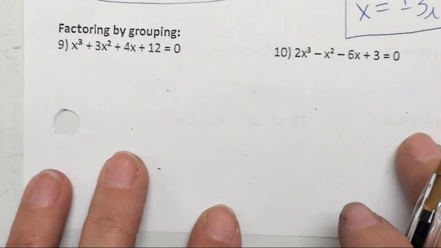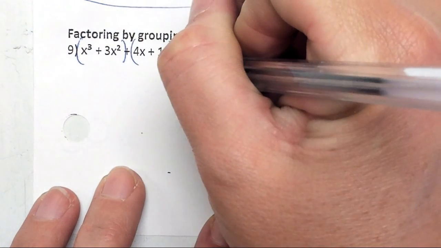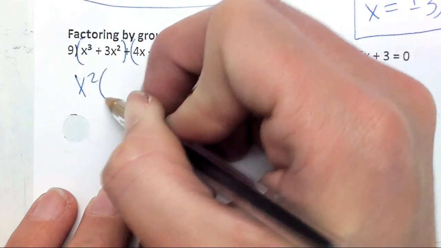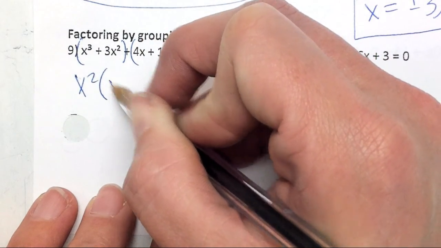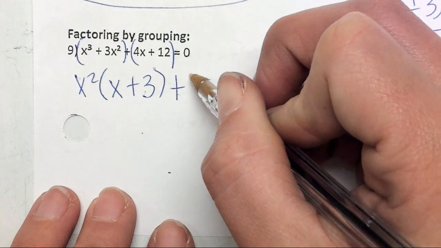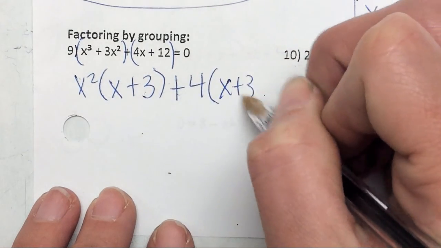Alright. On number 9, we go ahead and group them. And how do you know when to use grouping? Good. What comes out here? In the middle? x plus 3. What do these have in common? And then x plus 3.